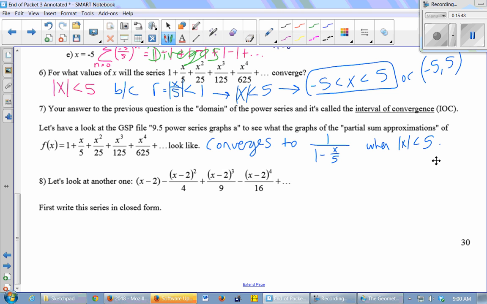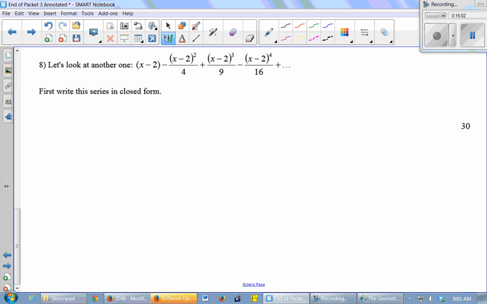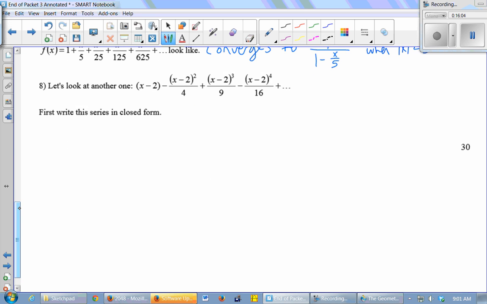Here I have x minus 2 minus x minus 2 squared over 4 plus x minus 2 cubed over 9 minus x minus 2 to the 4th over 16. I want to write this in closed form. So that's summation notation. So these all look like, if I wrote this as over 1, right?